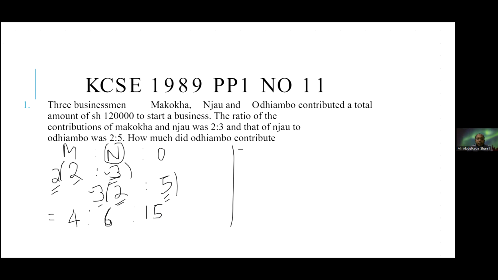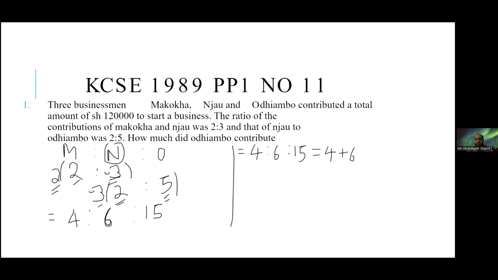So baada hapo umeambiwa how much did Odhiambo contribute. So the ratio ajua ni 4:6:15, lakini wafaa ujue the total shares ama the total ratio. So wachukua 4 add kwa 6 then add kwa 15.